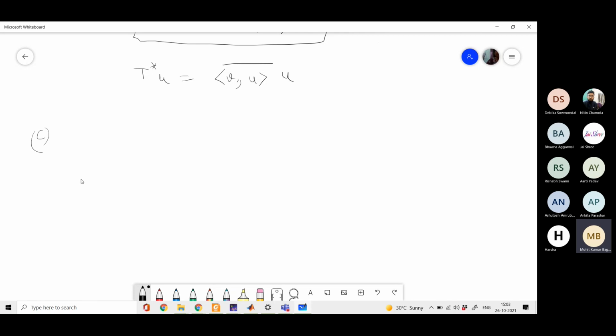So how about the C part? Here this U vector is given as U1 to UN, and W is W1 to WN, and you have to find the matrix of T with respect to the standard ordered basis, and you have to tell the rank of this matrix.